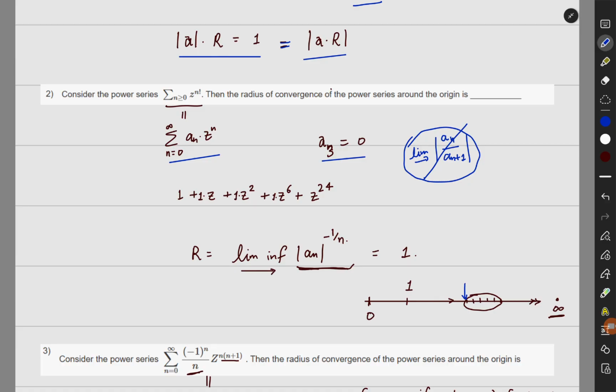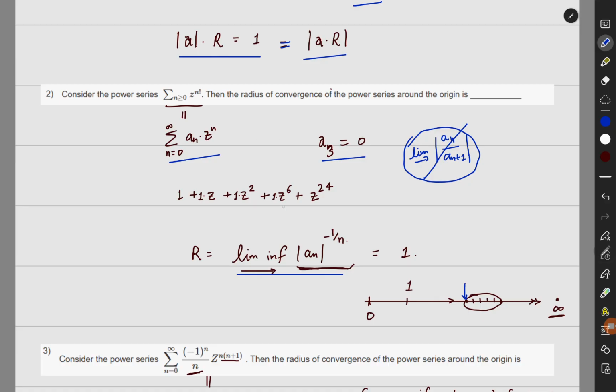What we can do here is again use the first formula for radius of convergence, which is the limit of mod an to the power minus 1 by n. First of all we calculate some coefficients. Most of the coefficients are 0, but it is equal to 1 when n is factorial of some natural number.